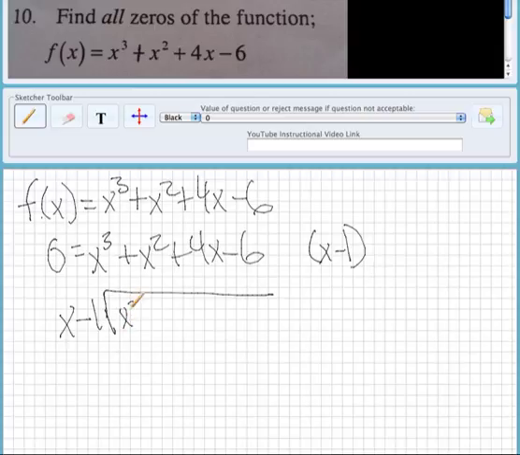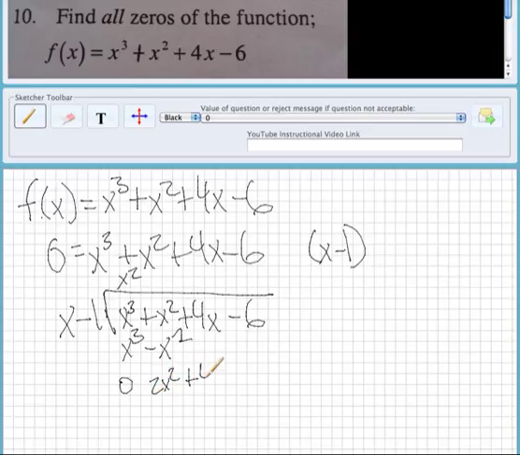So it's x cubed plus 2x plus 4x minus 6. It's going to be x squared, so x to the third, then negative x squared. Subtract it, it's 0 and 2x squared.